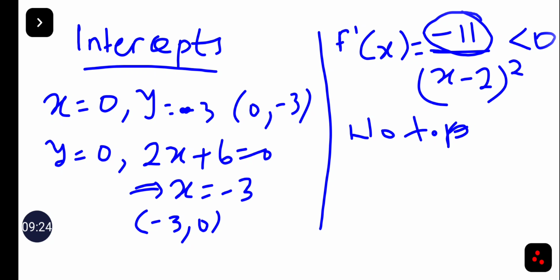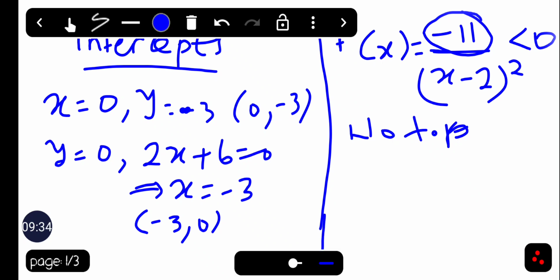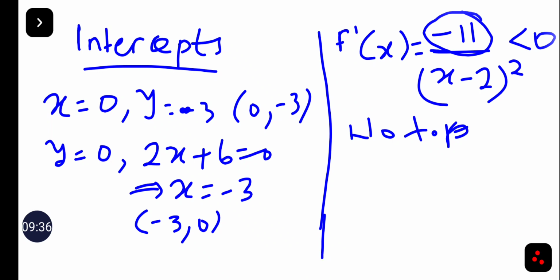Now, having obtained these important points, we are ready to sketch our curve. We can represent all this on a table that we call the table of variation to ease our work. This is our x here.